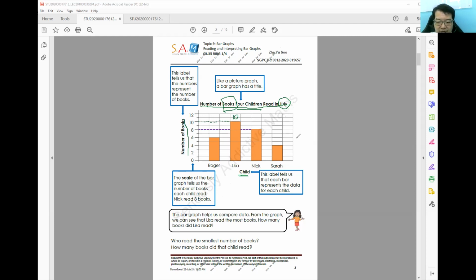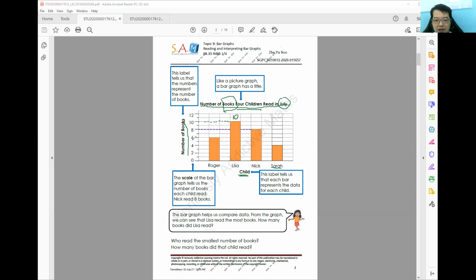So for example, if I were to ask you, who read the smallest number of books? Correct, that's Sarah, right? Smallest, because you can see that the bar is shortest. And what about who read the most number of books? You can tell that it is Lisa, because the bar is the longest.